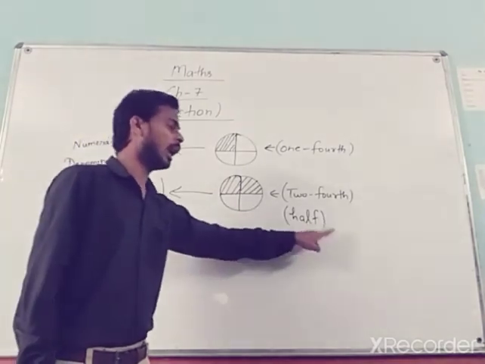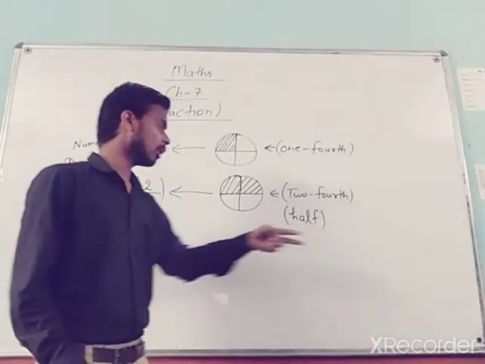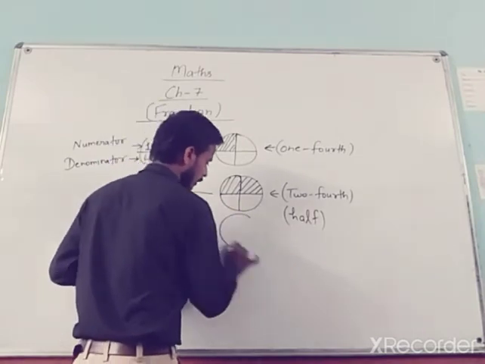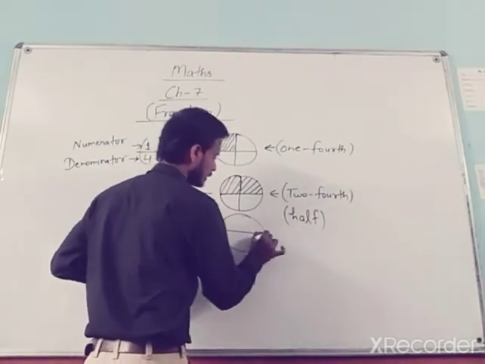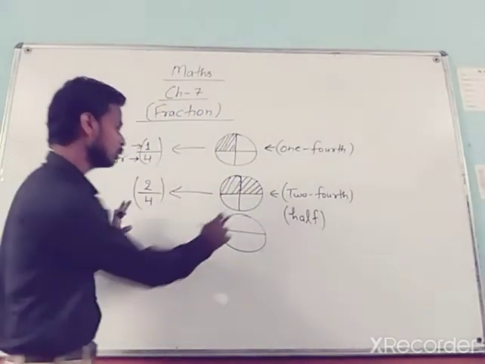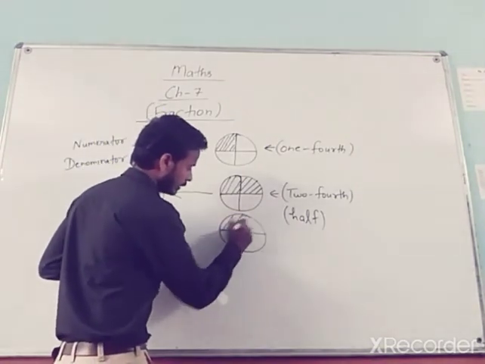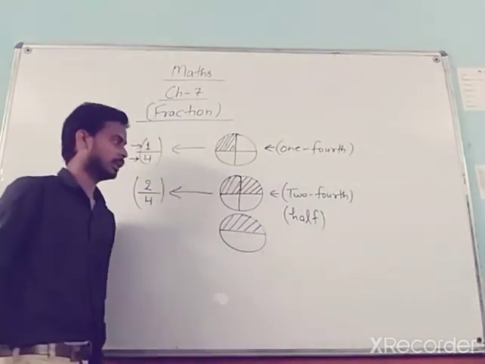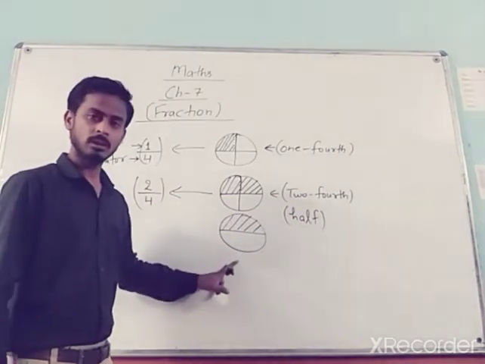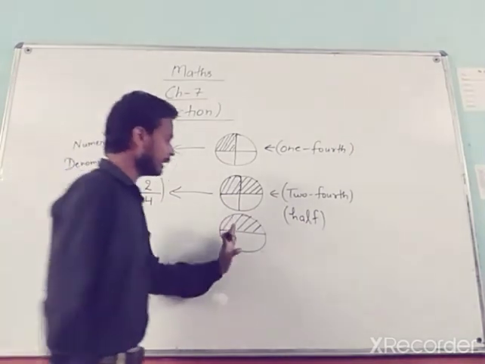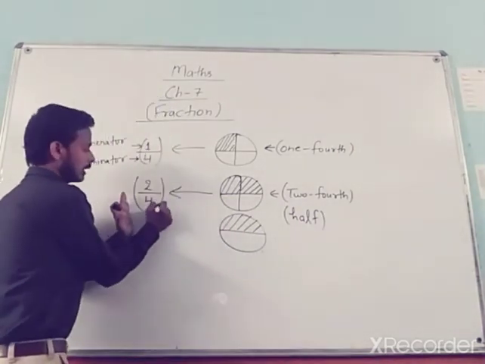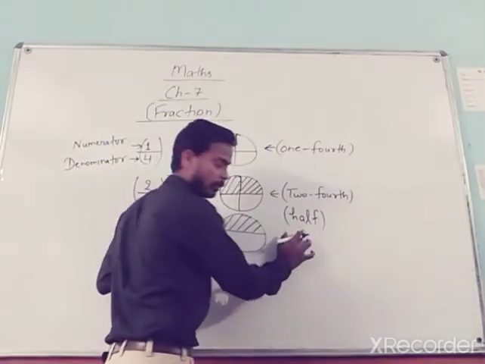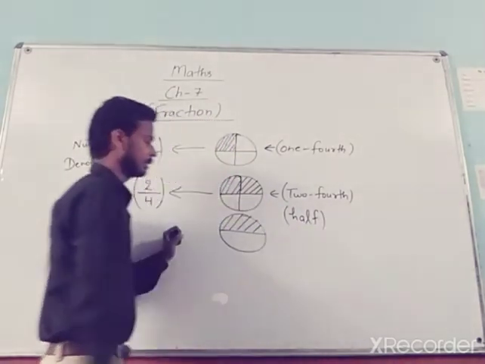It is called half also, because if we divide one whole part into 2 parts only, and we take one, both are the same now. That is why 2/4 is also called half. Clear?